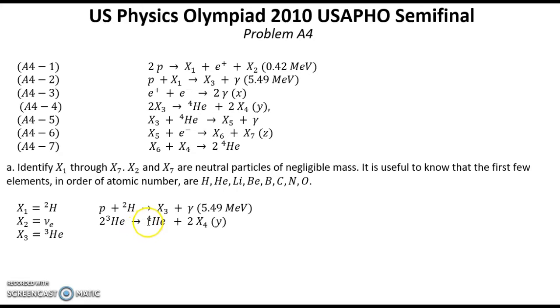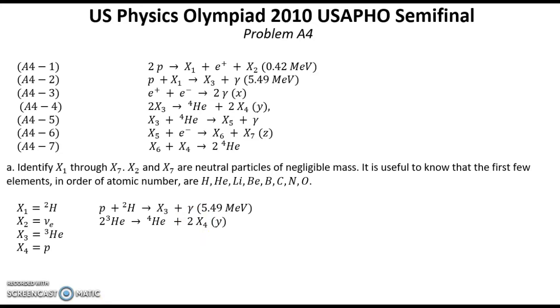And on the right we have helium 4 with a mass 4 and charge 2, plus 2 unknown particles X4. But these 2 particles must have a total charge positive 2 and mass 2. So it means that X4 has mass 1 and charge 1, which is just a proton.